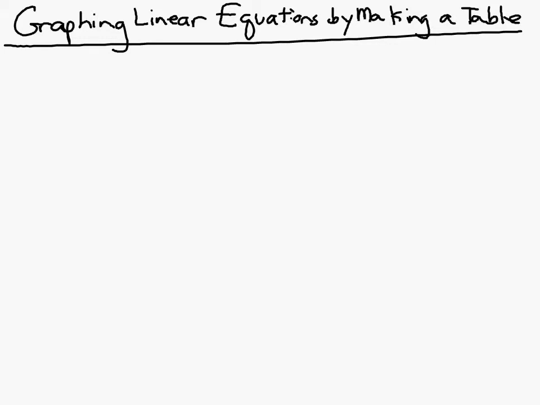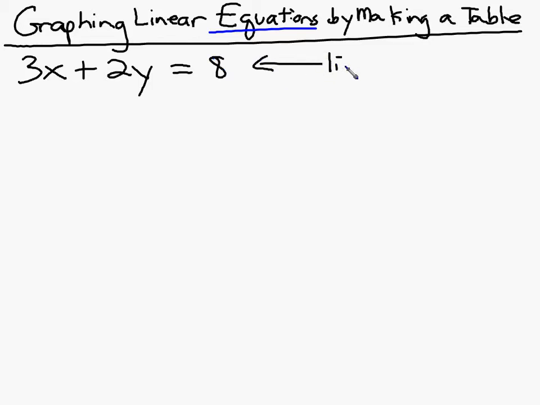Today we're going to start working with linear equations, and we're going to actually start working with the equations themselves. If I see an equation like 3x plus 2y equals 8, that's one form or one example of a linear equation.